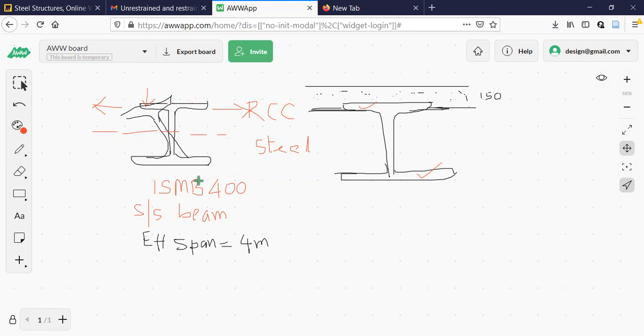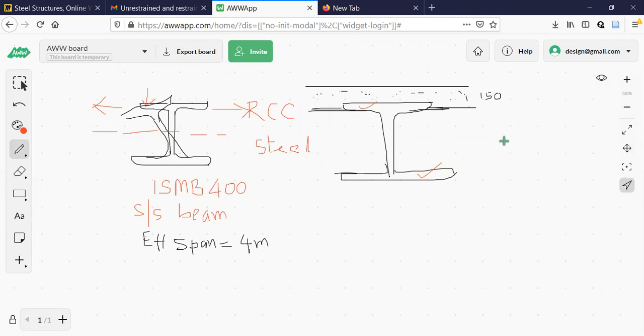Now here, the first thing that you should understand is that a steel beam is designed using plastic theory. An RCC beam is designed using limit state theory. The meaning here is that you are going to take advantage of the plastic deformation of the beam before it fails. In terms of a graph, if you want to understand this, observe this.